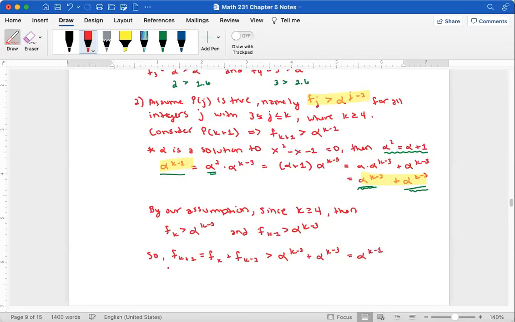And we did it. We showed that f sub k plus 1 is bigger than alpha to the k minus 1, which is what we wanted to show. We stated that when we said consider p sub k. We did it. Yay. So p of k plus 1 is true, and we have proved it using strong induction.